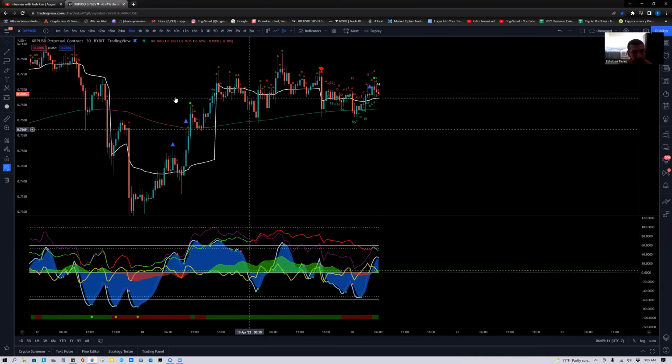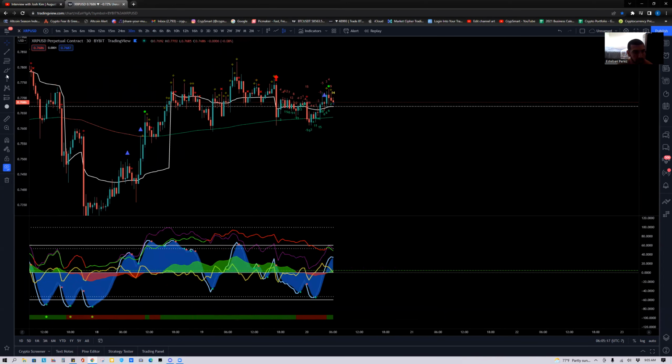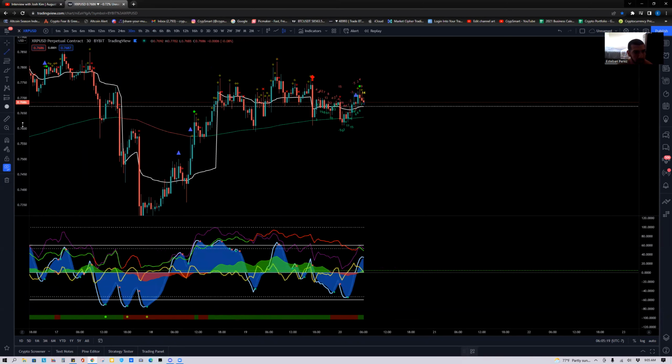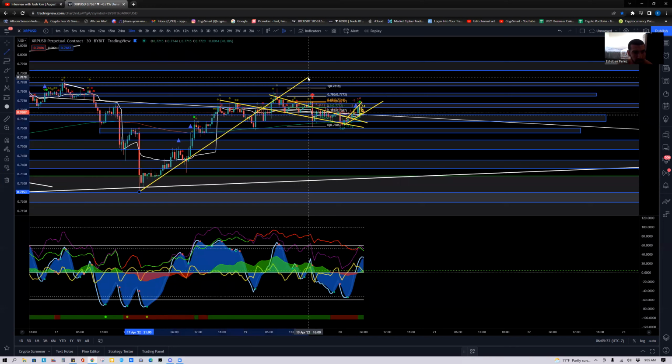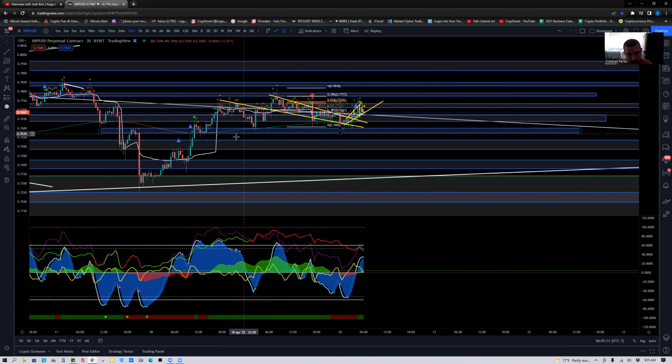As you can see, we have a break of the trend line. Once it breaks, it starts to exhaust a bit here.